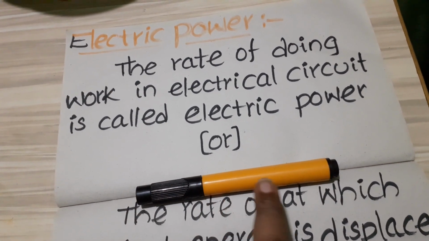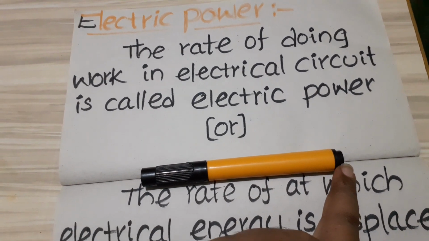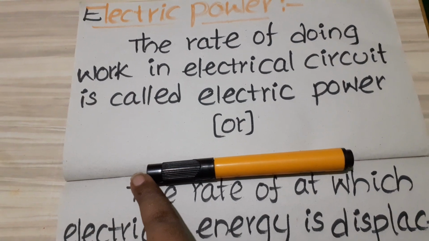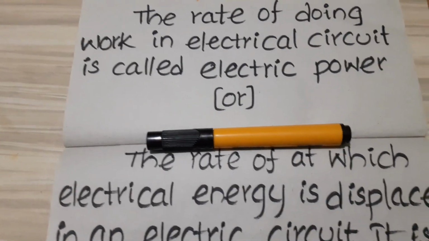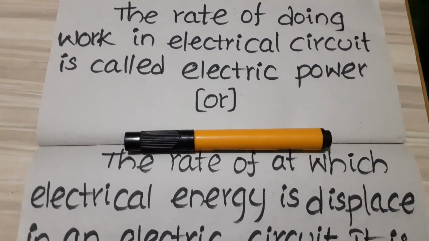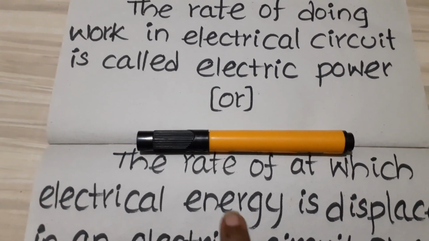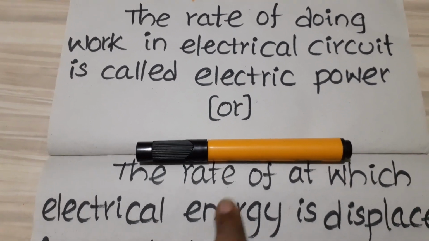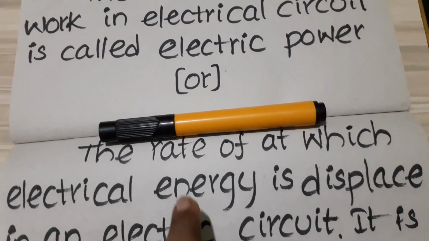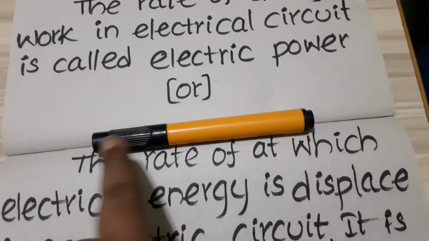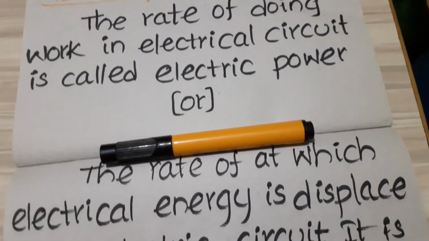For example, 5 electrons travel from one end to another end in 1 second. So in 1 second, 5 electrons travel in this conductor, that is the power of the conductor.